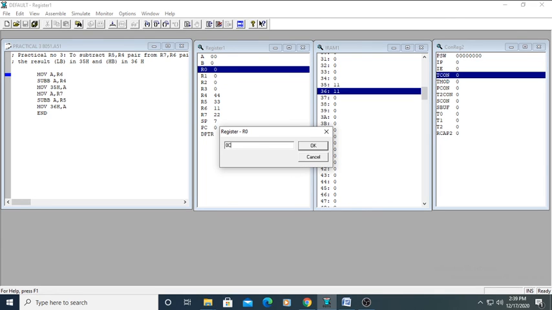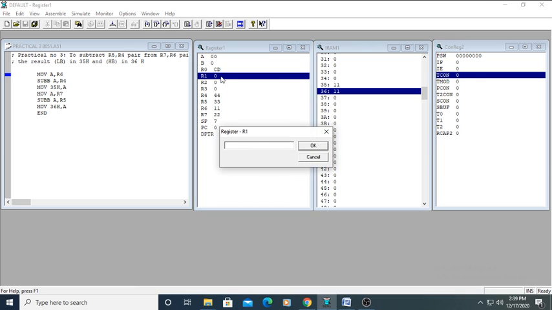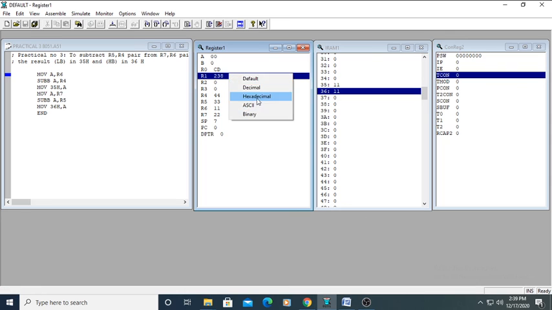So 0 CD ice hexadecimal, then this is 0 EE ice, because we cannot start with the alphabet. Before alphabet we have to put 0. So this is EECD is the answer.